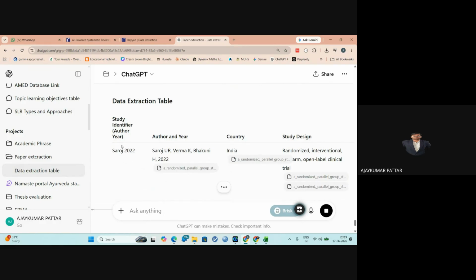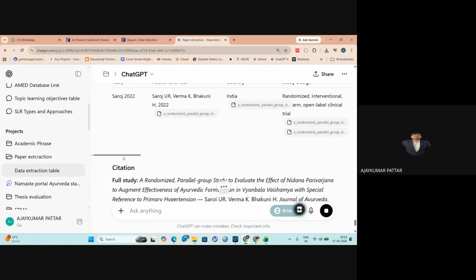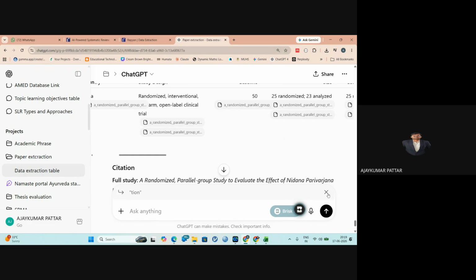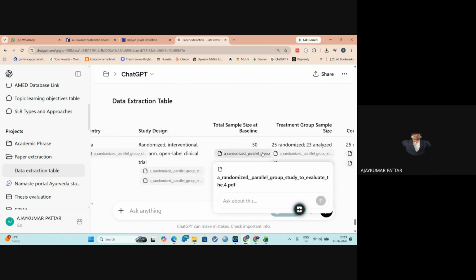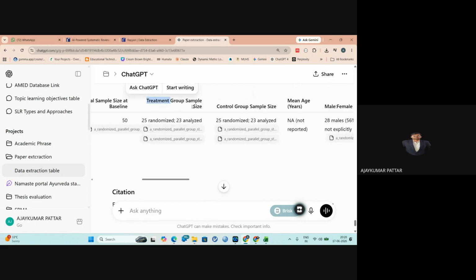Can you see here? Study identifier: Saroj 2022, author's name and year. Country: India. Sample size at baseline: 50. Treatment group sample size: 25 randomized, 23 analyzed. Control group sample size: 25 randomized, 23 analyzed. Mean age in years: not reported.